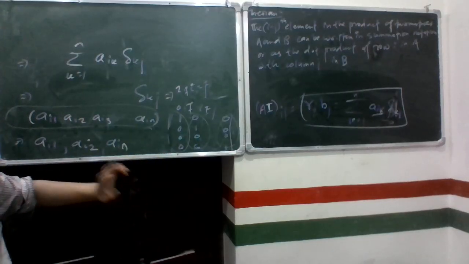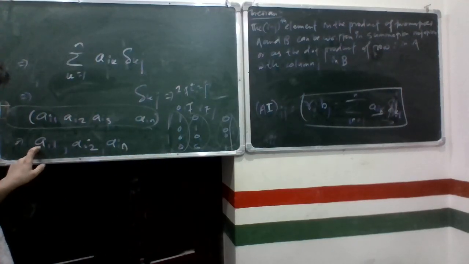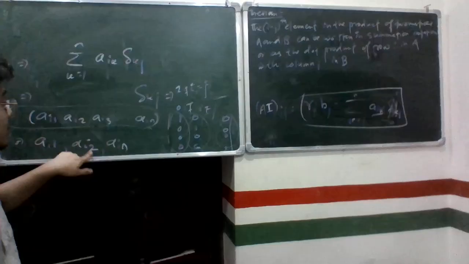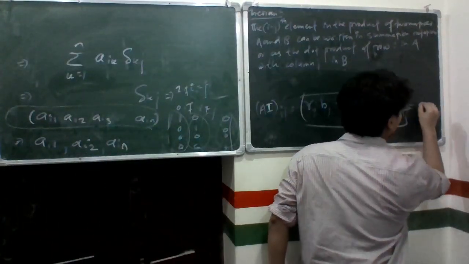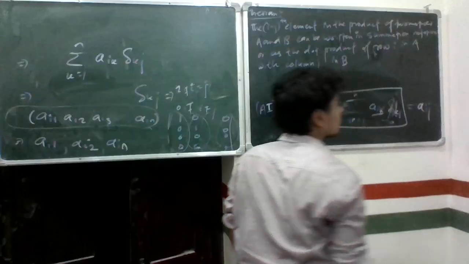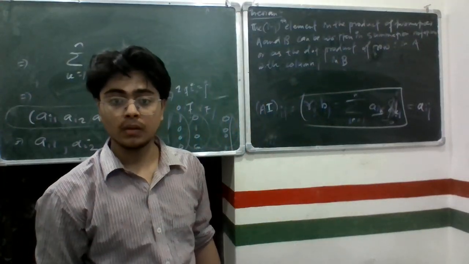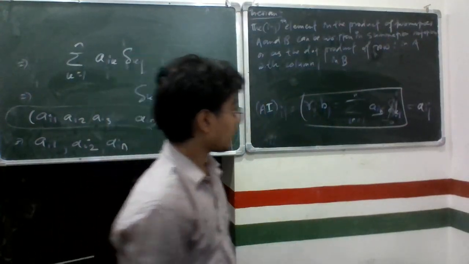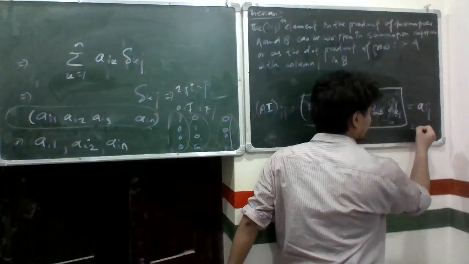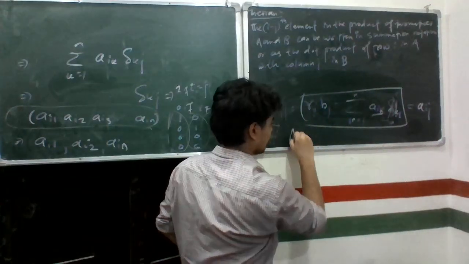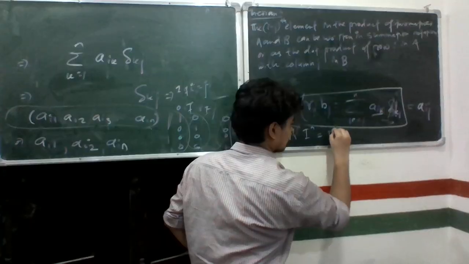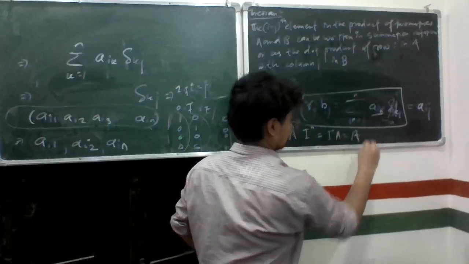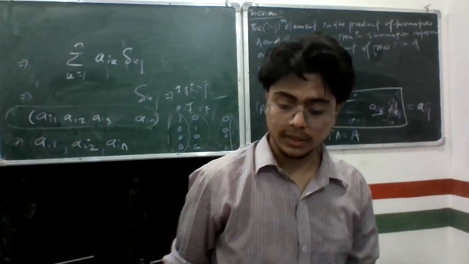Because of that, every single time you will get A_i1, A_i2, A_in, so we can say you get the A_ij component only. And this is why I can just say that A times I is equal to I times A equals A. This is a proof, okay?